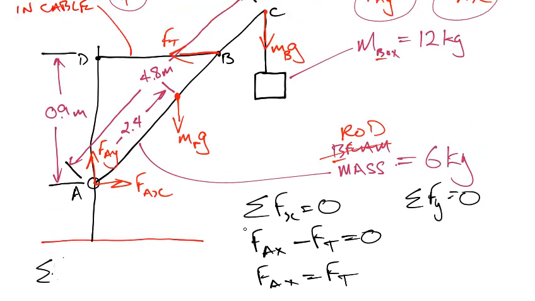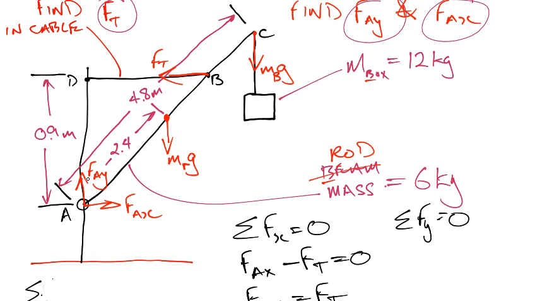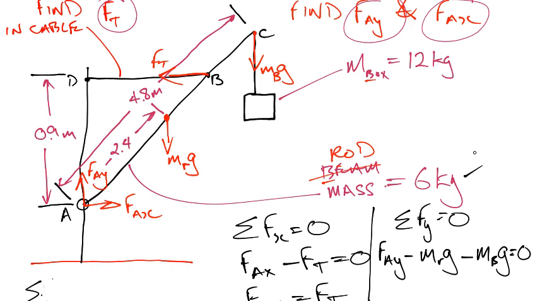Now, in that case, we've got FAY minus MRG minus MBG. That's all going to equal 0. And by the way, I know the mass of the rod and I know the mass of the box. So I can actually find FAY now. So let's go ahead and do that.